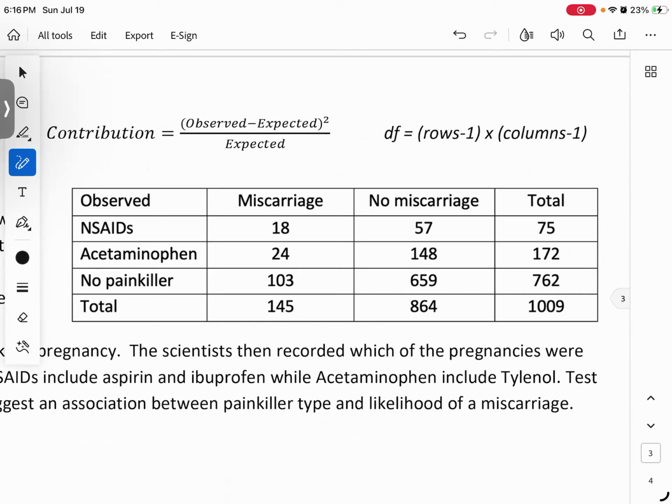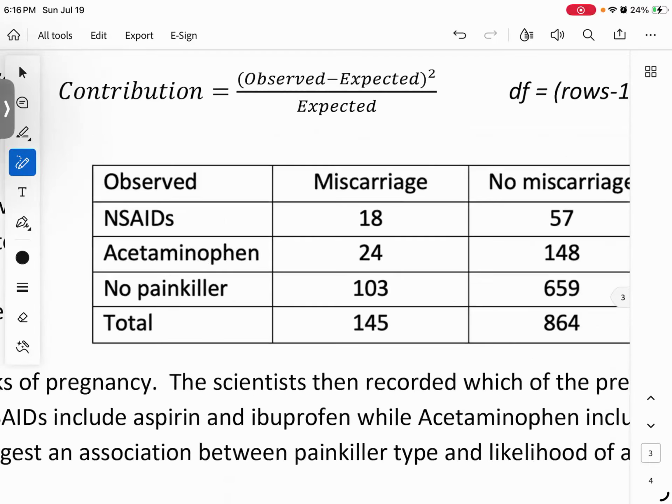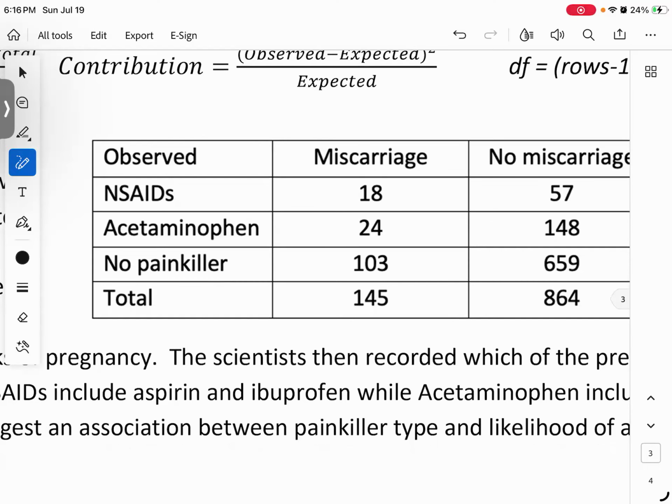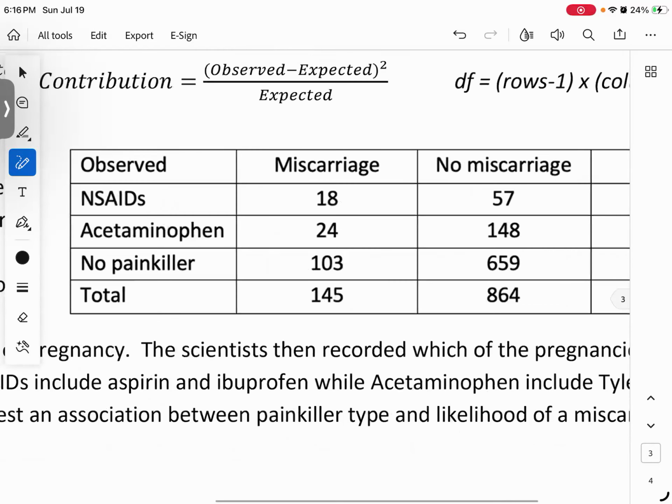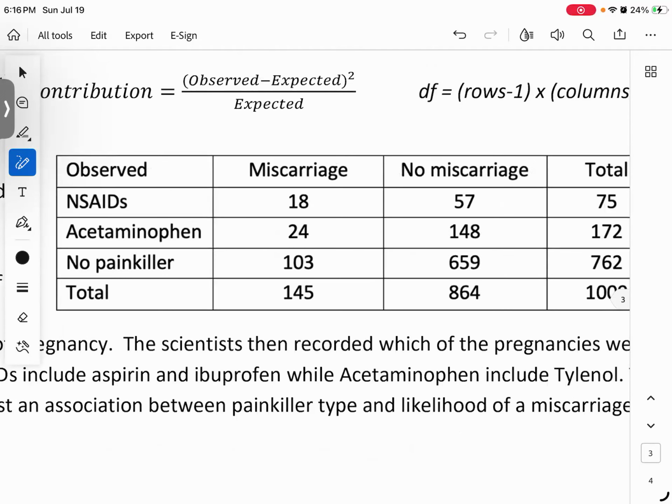So what they want us to do is to test to see whether having a miscarriage or not having a miscarriage might be associated with the type of painkillers that these women were using. Some of them were using NSAIDs, some acetaminophen, some no painkiller. And you can see right here the frequency, like how often in each of those different types of painkillers, whether they seem to have miscarriages more often or not.